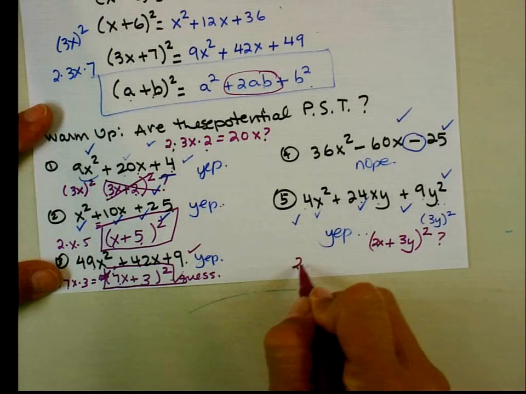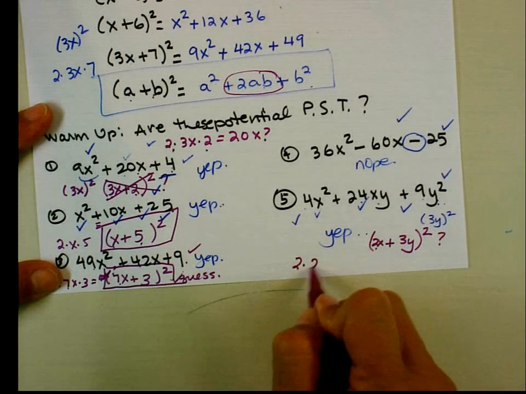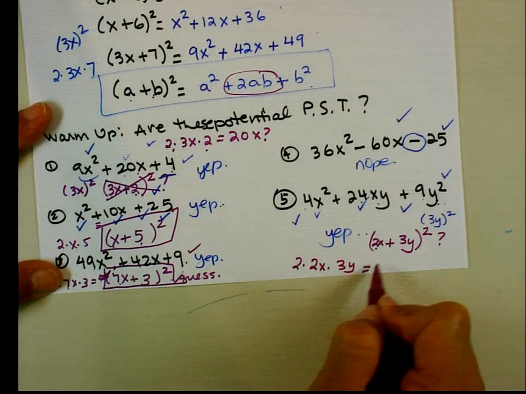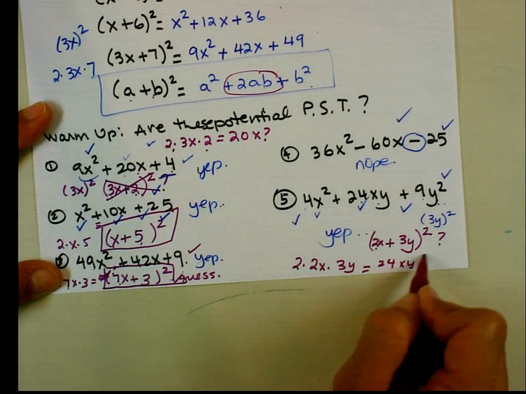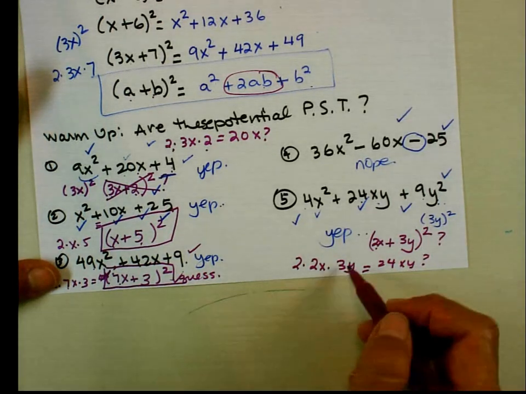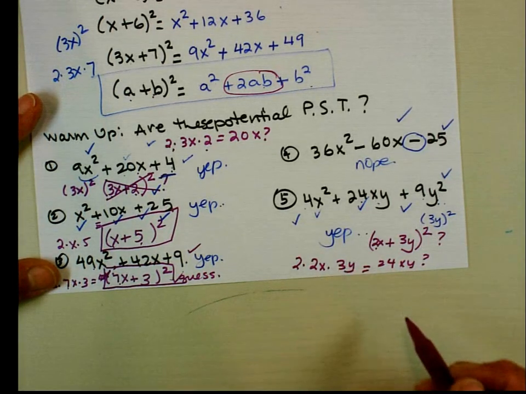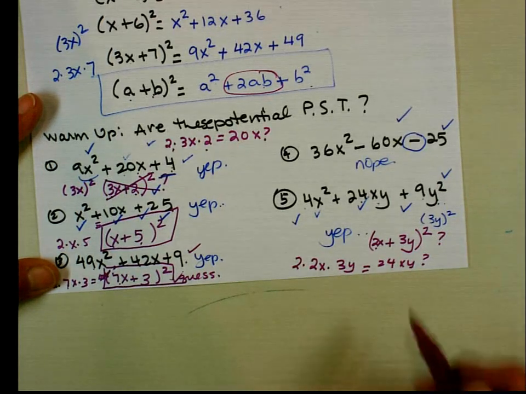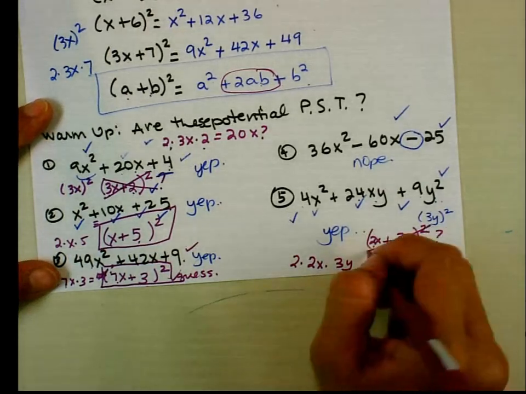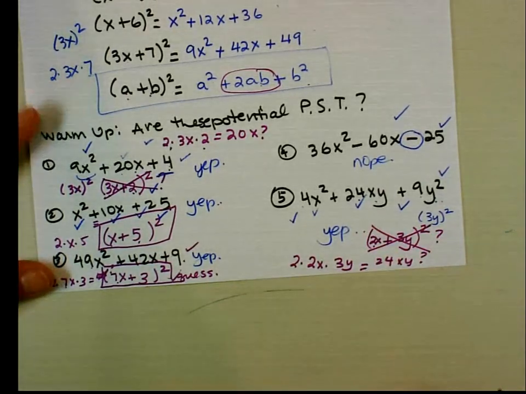So we'll check the middle term. 2 times 2x times 3y. Is that 24xy? 2 times 2 is 4 times 3 is 12xy. Oh, nope, not big enough. It was a good guess, but that's not it either.